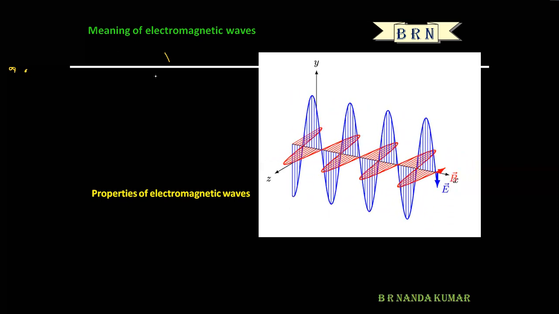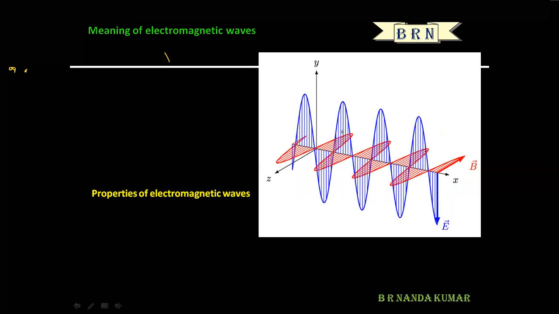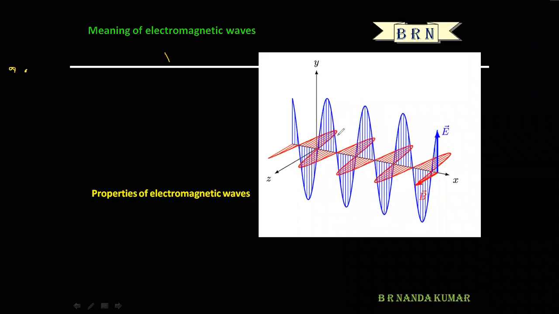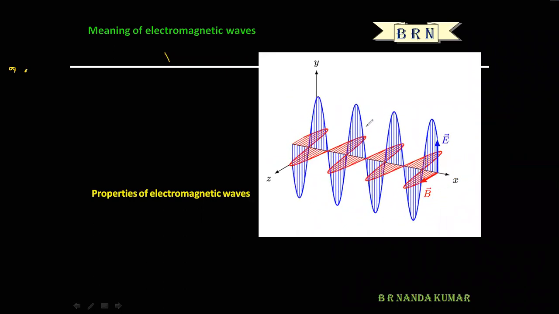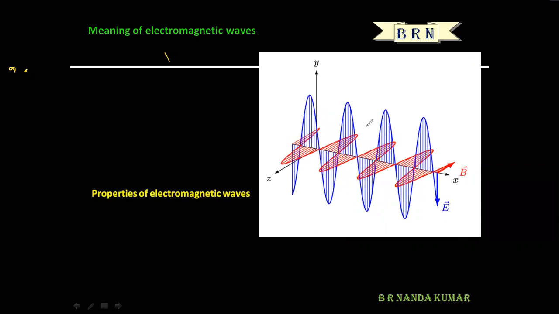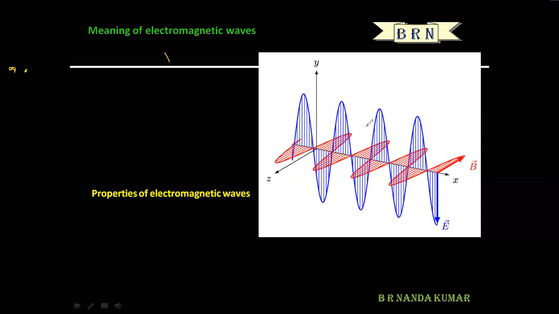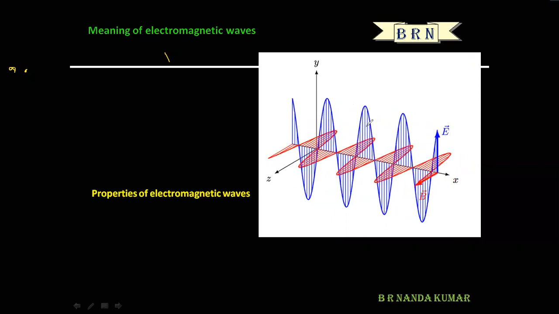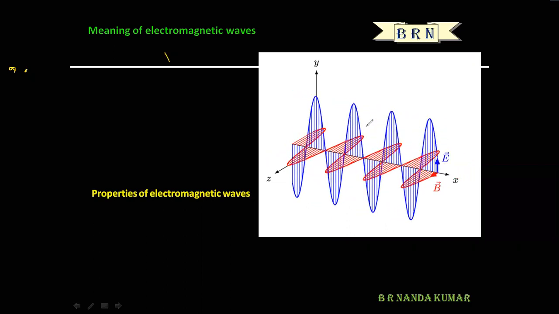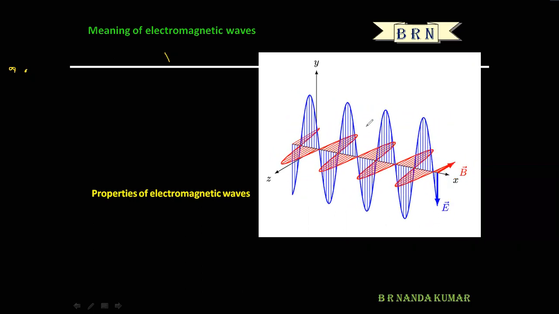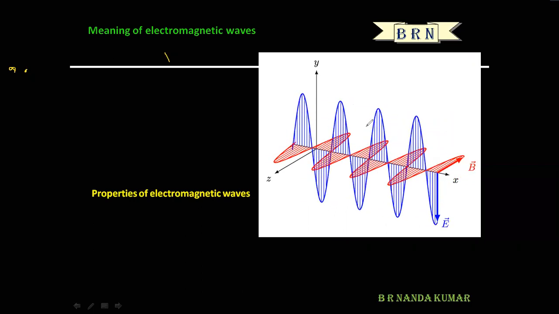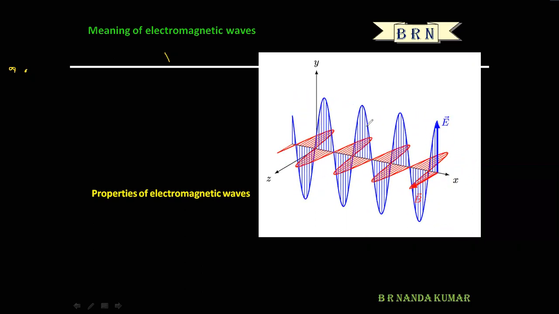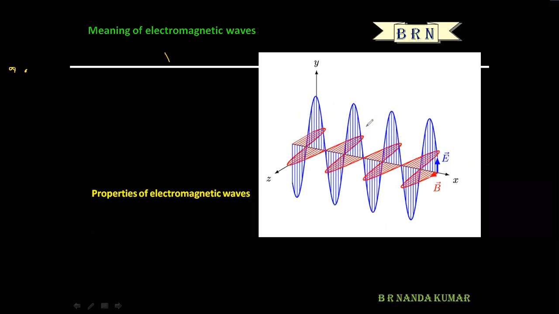The electromagnetic waves consist of time varying electric and magnetic fields, which are perpendicular to each other and perpendicular to the direction of wave propagation. So the first property is that electromagnetic waves are transverse in nature because the particles within the medium vibrate perpendicular to the direction of wave propagation. And the second is that an accelerated charged particle produces the electromagnetic wave.